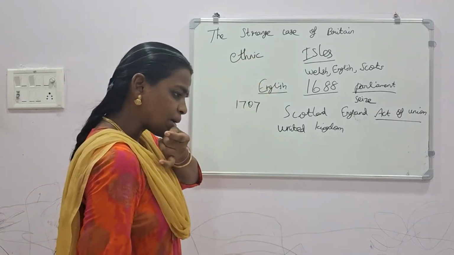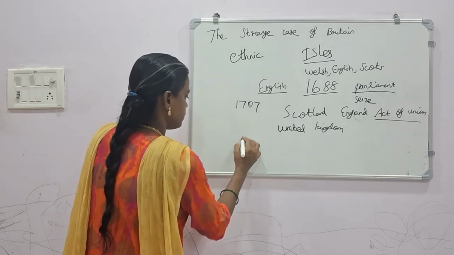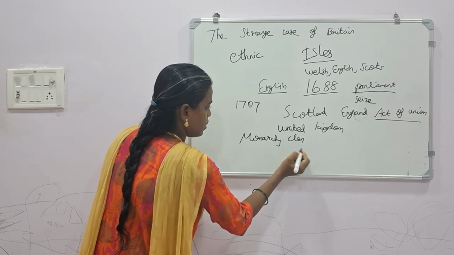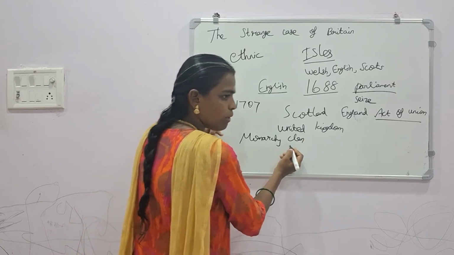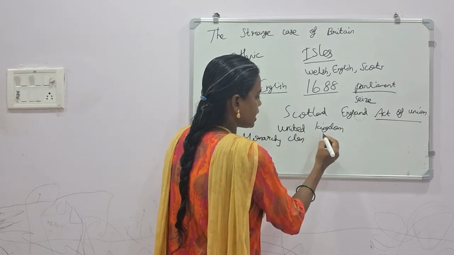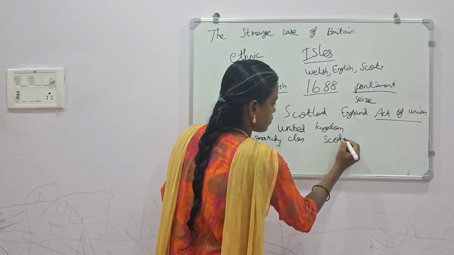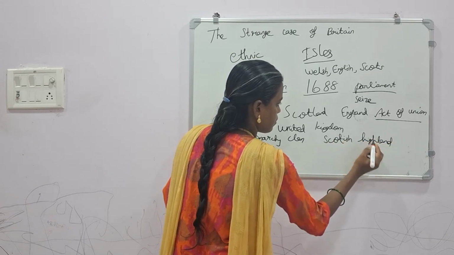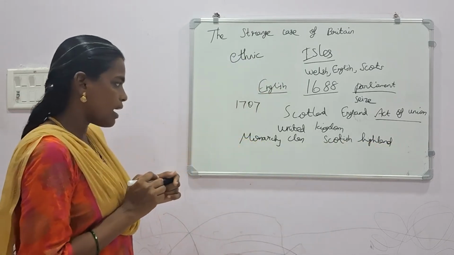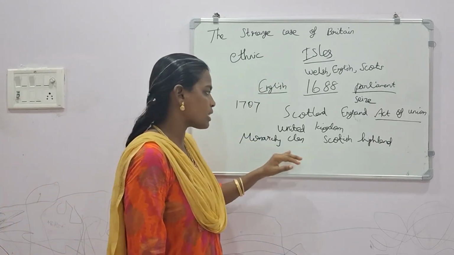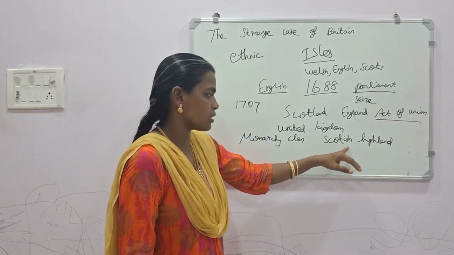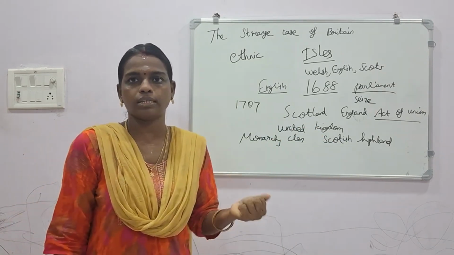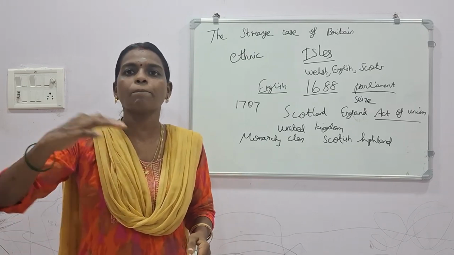And even some monarchy clans, meaning kings, who were from the Scottish Highland, who were from Scotland, when they asked for independence from the control of Britain, they were suppressed.